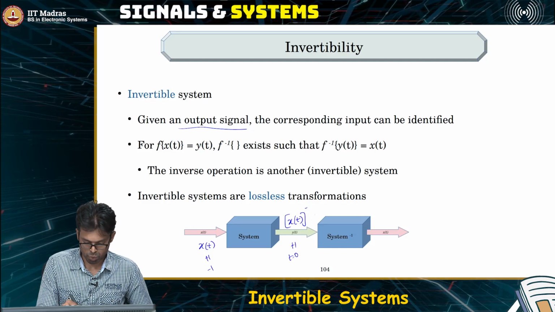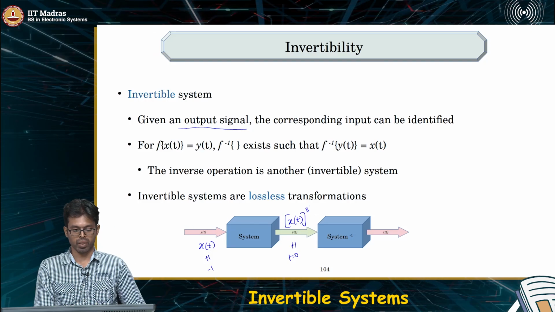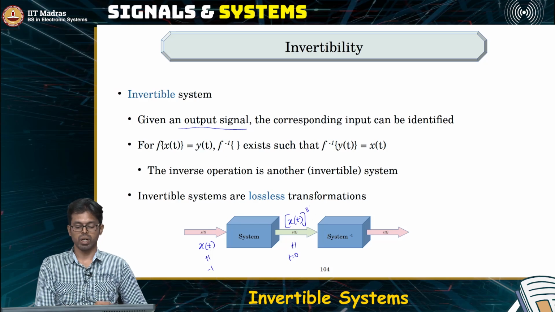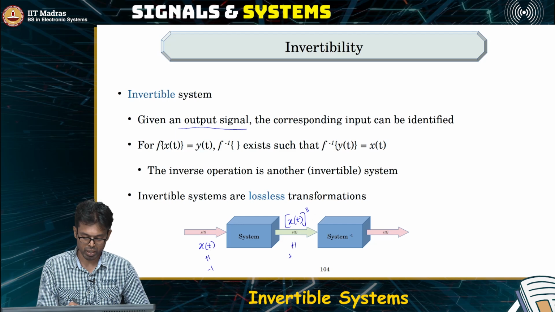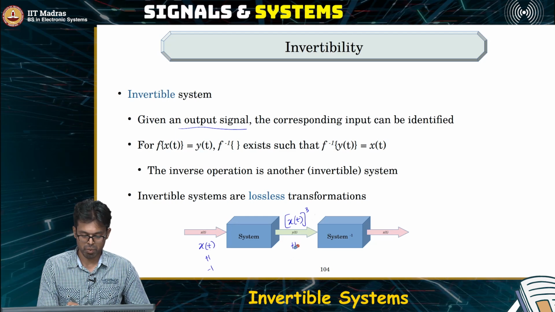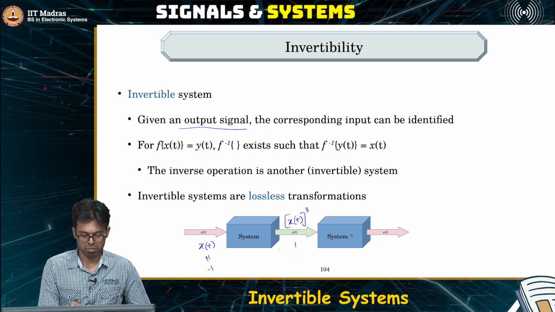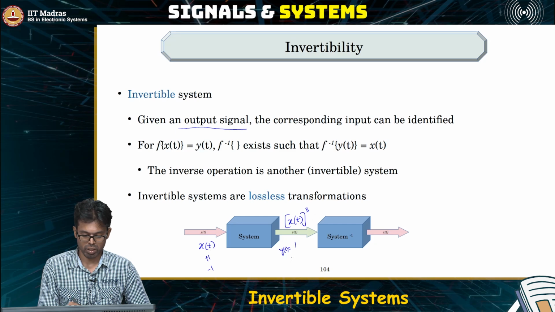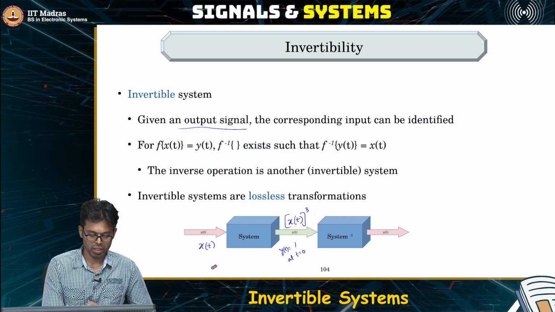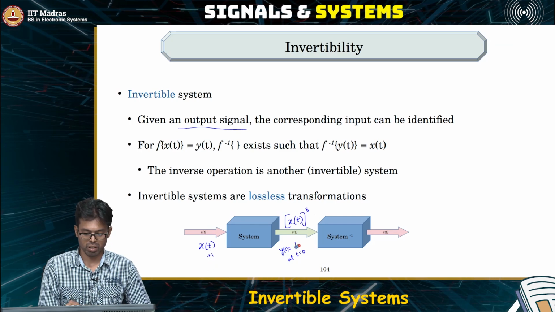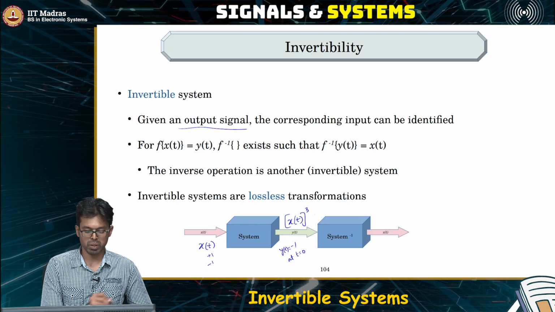Now, if it was a cube of the input, then we know exactly what the input would have been given this output. Let's say the output is 1 at t equal to 0, then we know that x of t should have been plus 1. If it was minus 1, then we know it should have been minus 1.